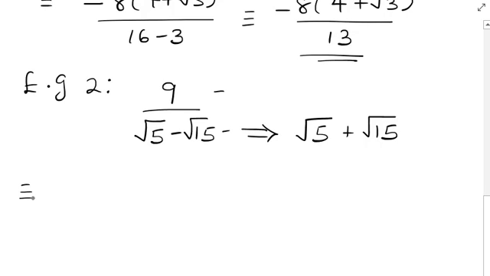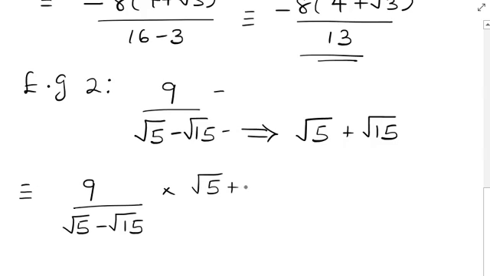So let's rewrite this. So that will be 9 over root 5 minus root 15 multiplied by root 5 plus root 15 over root 5 plus root 15, because we are multiplying here.